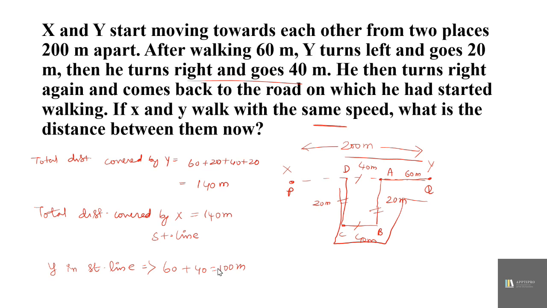Y covers 140 meters, but on straight line he covers 100 meters. X covers 140 meters since the speed of X and Y are equal. Now the difference between the distance of X and Y is 140 minus 100, which is 40 meters.